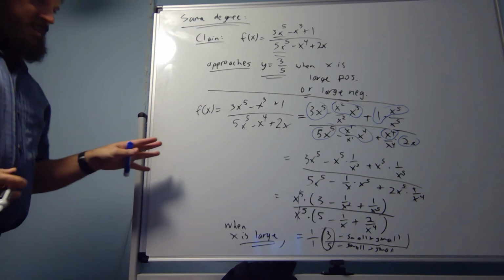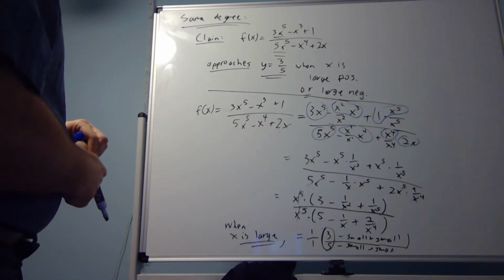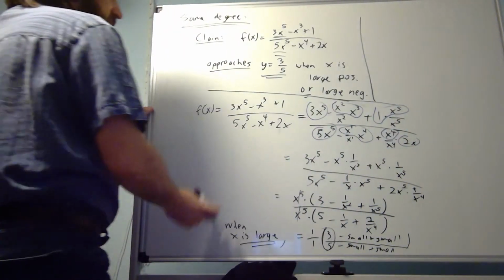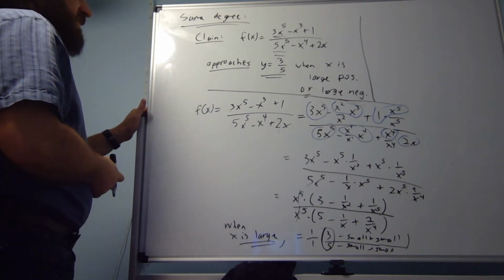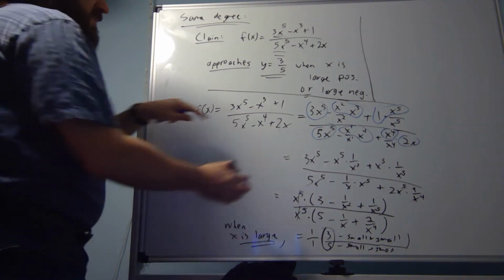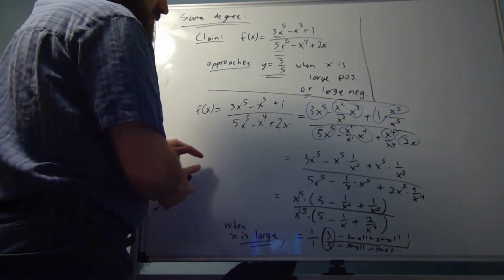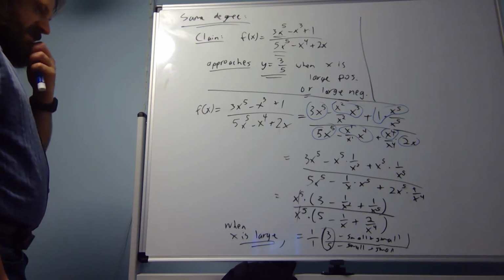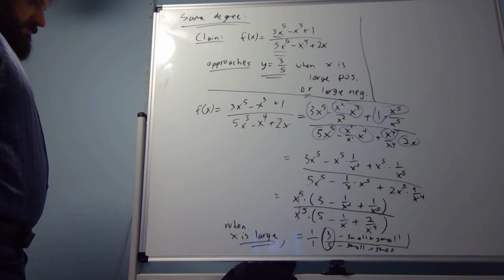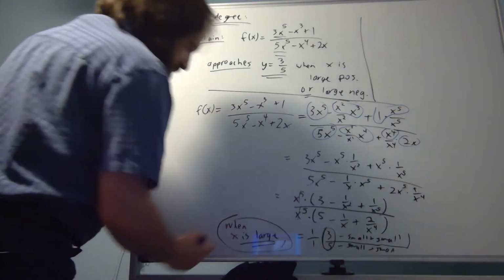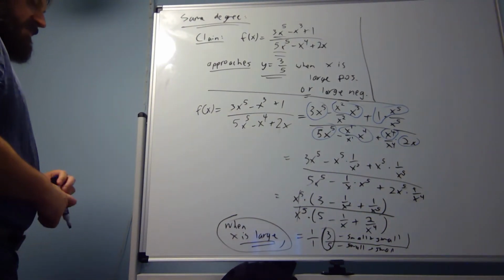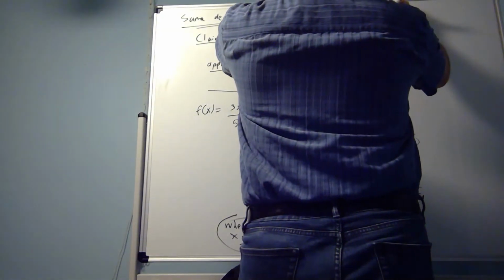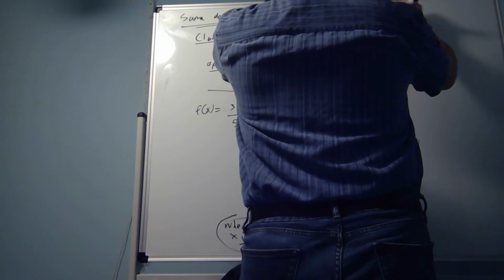But what I'm going to do is erase this and state the standard fact that this exact same process works as long as the two degrees are the same. You factor out the highest power, and then what's left over is the leading coefficients plus very, very tiny insignificant stuff. And that tells you what happens for x a large positive or a large negative number. So that's what I wrote on the other side.